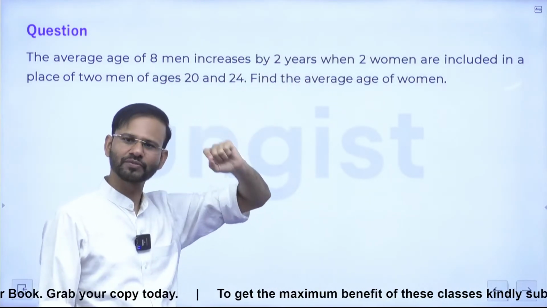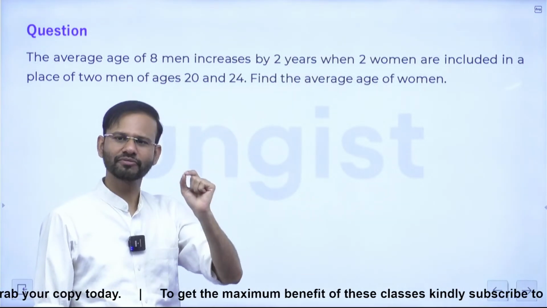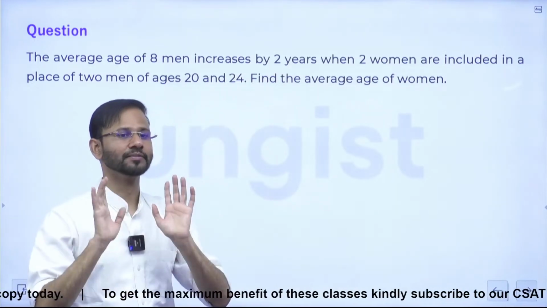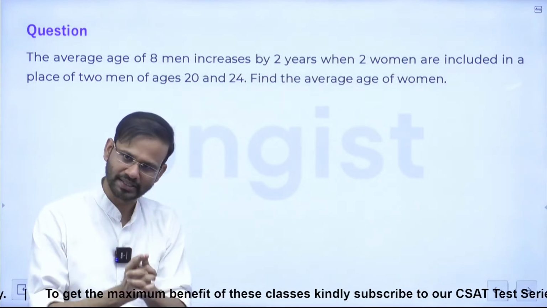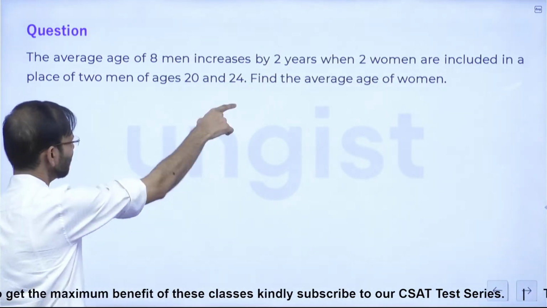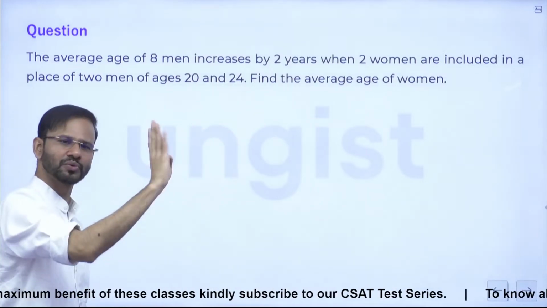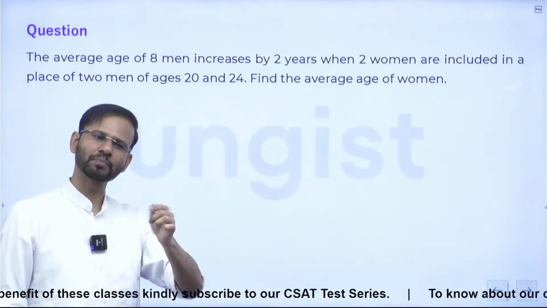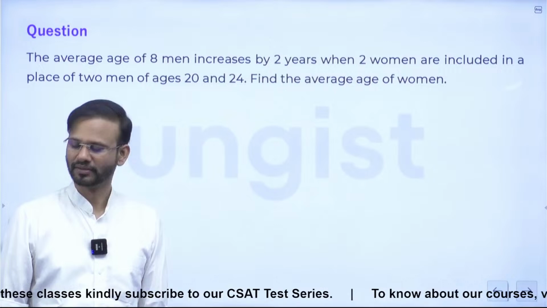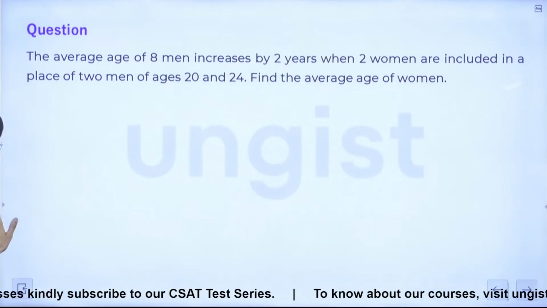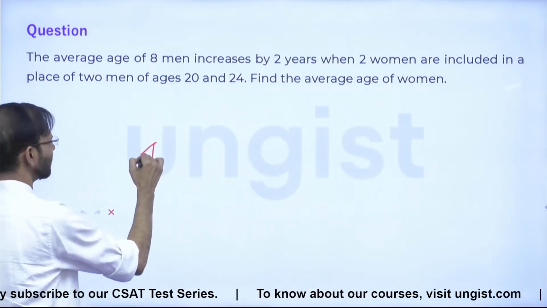It means positive contribution is there, which is 8 into 2, which is 16. So positive contribution of 16 is there. 44 is leaving, 20 plus 24. It means 44 plus 16 must be joining.